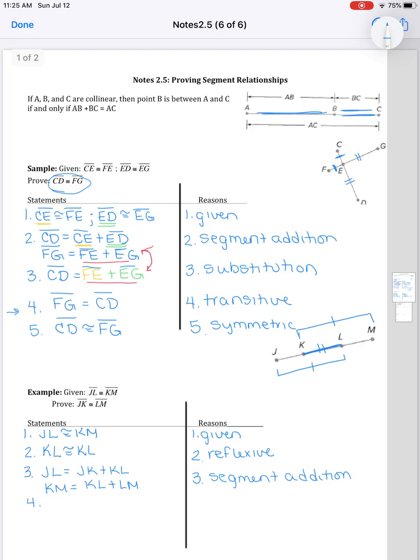The transitive property says that if you have two things equal to the same item, then you can set them equal to each other. So it says JL is congruent to KM and JL is equal to JK plus KL, so I'm going to now say that KM equals JK plus KL. I'm replacing it, but these are congruent statements, so this is your transitive property.